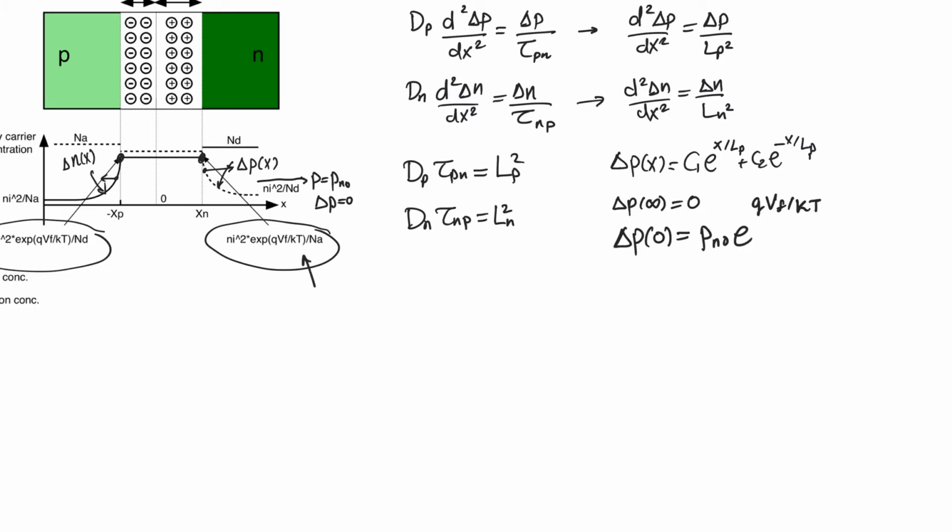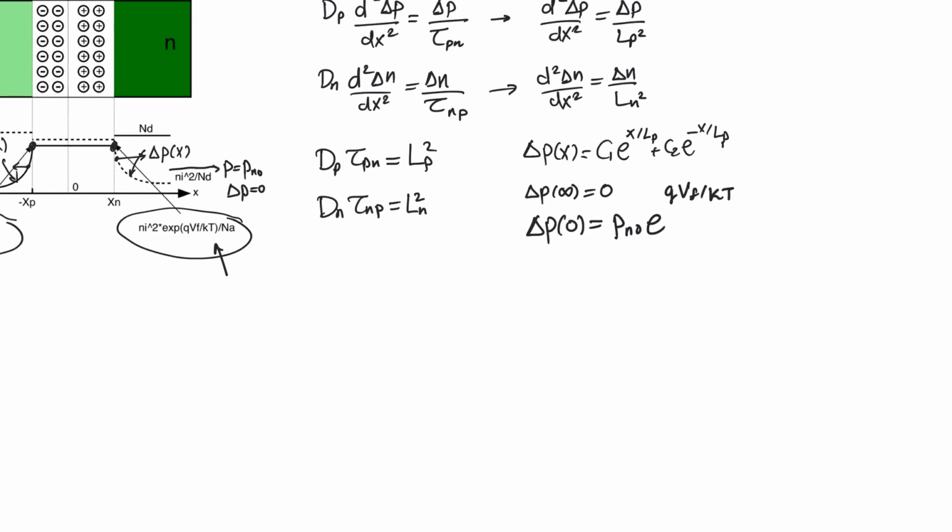But notice that this is actually p, not delta p. So we have to subtract p n naught. So this is the other boundary condition, right? So basically delta p of 0 is equal to ni squared over Nd into e to the power of qVf by kT minus 1.